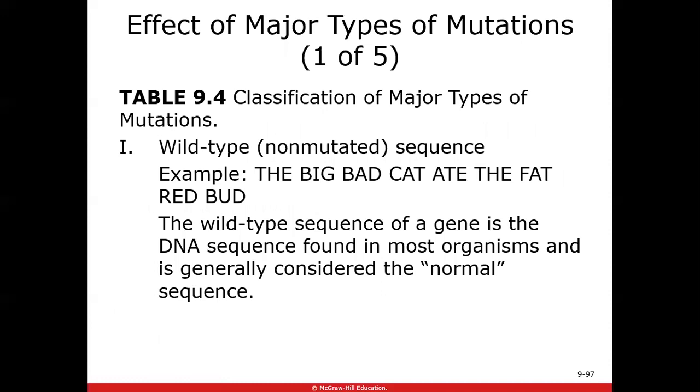So you have the classification of major types of mutations. First, you start off with a wild type, non-mutated sequence. An example of a non-mutated sequence: the big bad cat ate the fat red, and actually that should be bug. It should be a G there. The wild type sequence of a gene is the DNA sequence found in most organisms and generally considered the normal sequence.